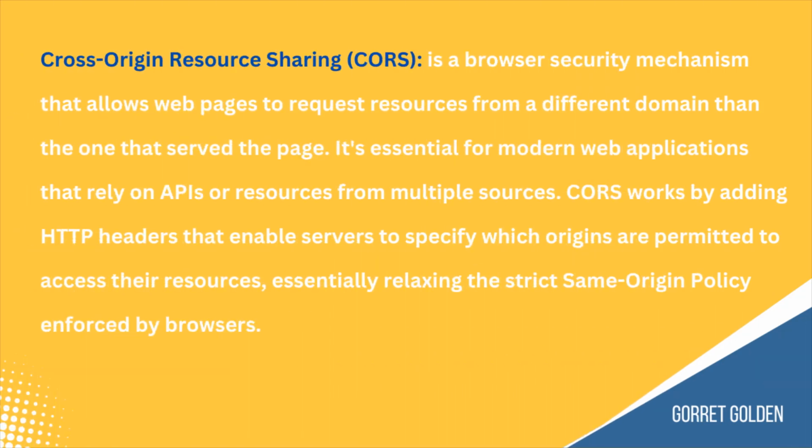For example, if the front end and the back end projects are on different hosts, say the back end is on api.golden.com and the front end is on the primary domain like golden.com, we can configure CORS on the back end to allow the front end origin. We shall see how to implement all these in the practical sessions, but I believe these insights will make more sense as we move forward.